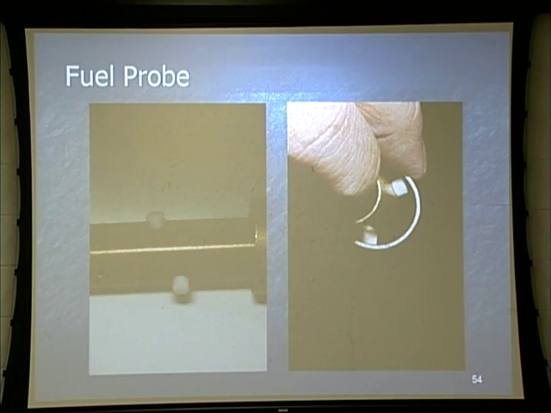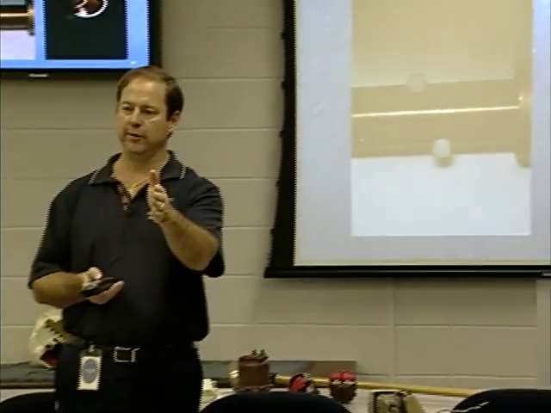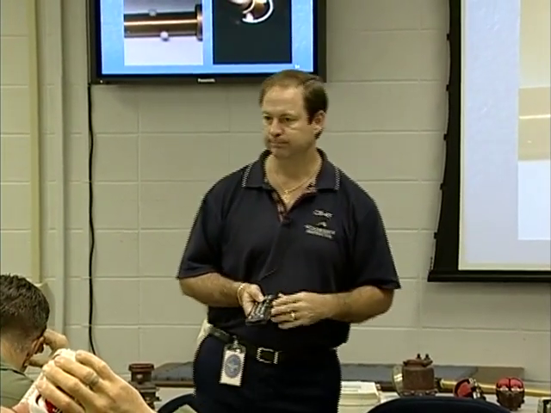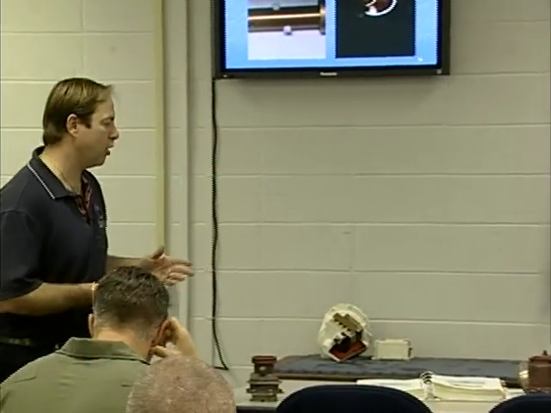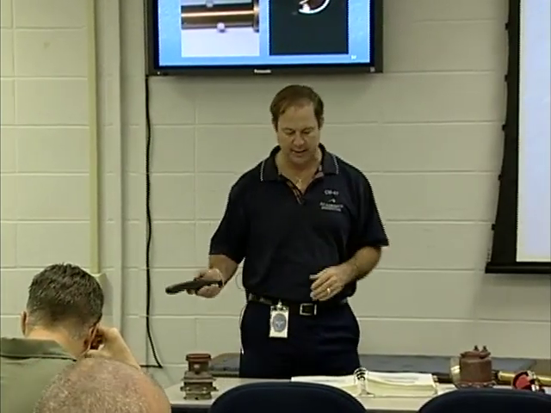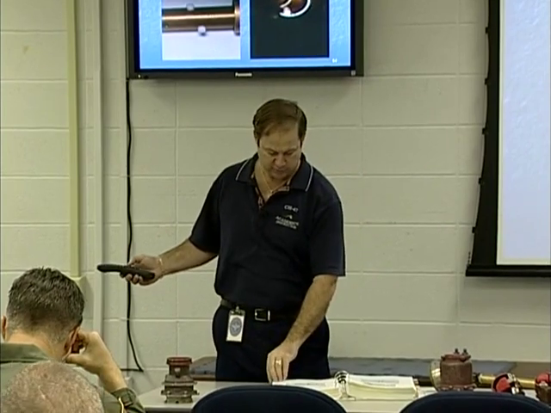Because based on that forward probe or that aft probe, it may be higher or lower in that fuel level than that center probe will be. The center probe is a good average of where the fuel level is, and that's why. Okay, and again, all it is is a thermistor, so it's nothing more than a heat activated switch. Any questions about that?